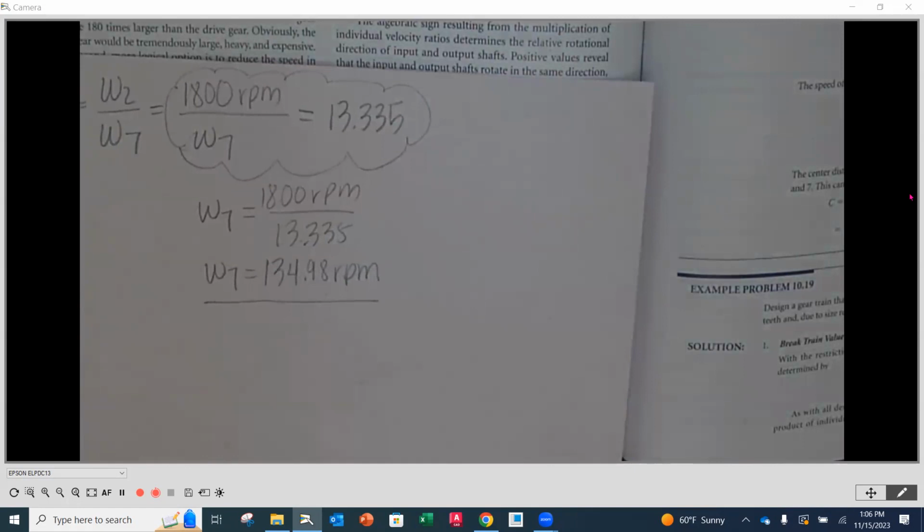You get 134.98. They rounded up to 135, okay, which is reasonable.